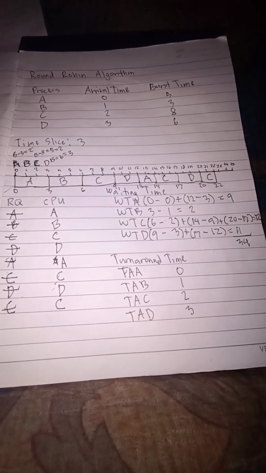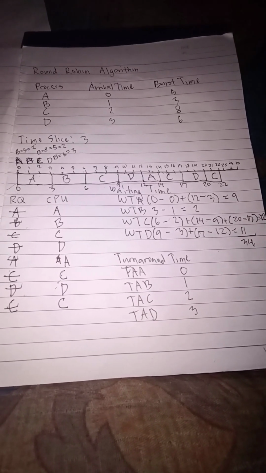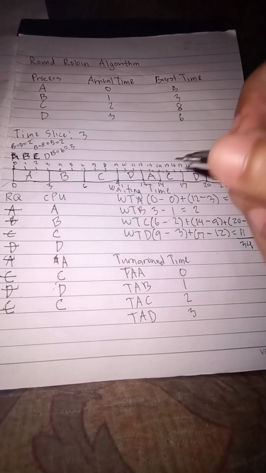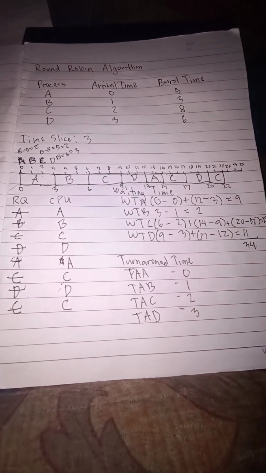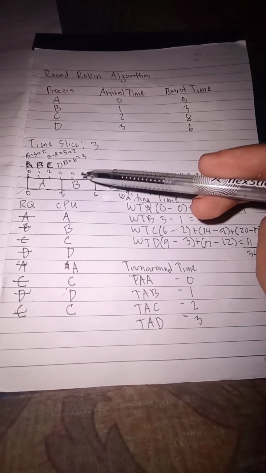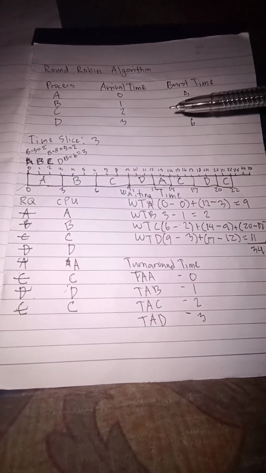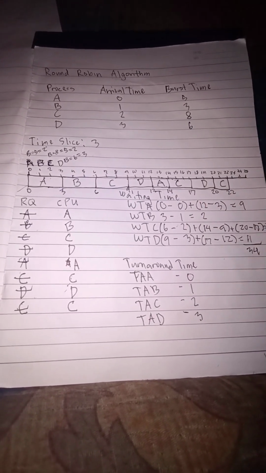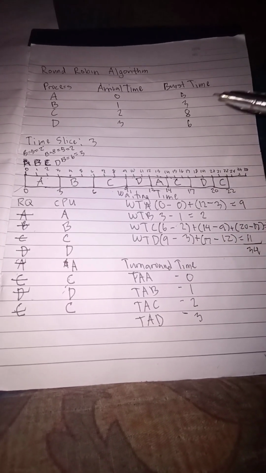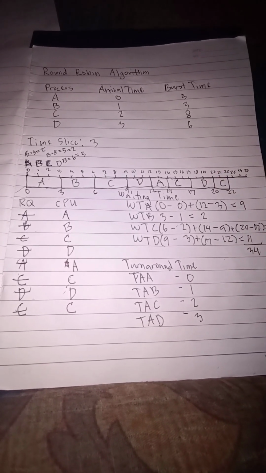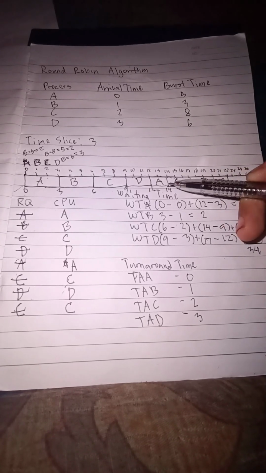Now let's proceed to the turnaround time of the round robin algorithm. The turnaround time is just the computation of the time at which the process has ended. First is the turnaround time of A. Here we're just going to look for the time that process A ended.